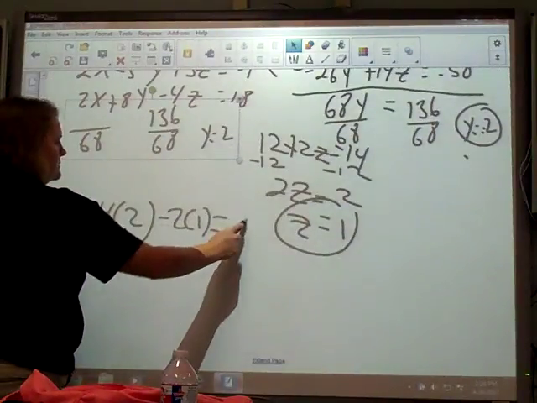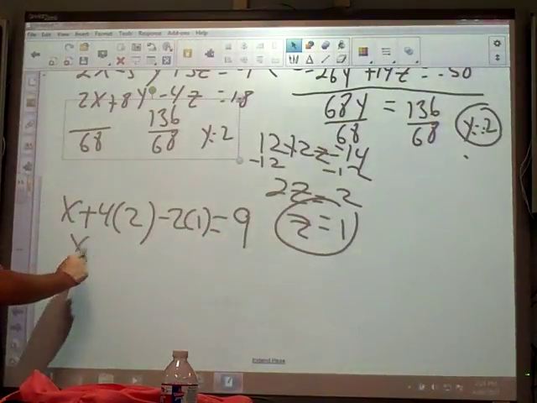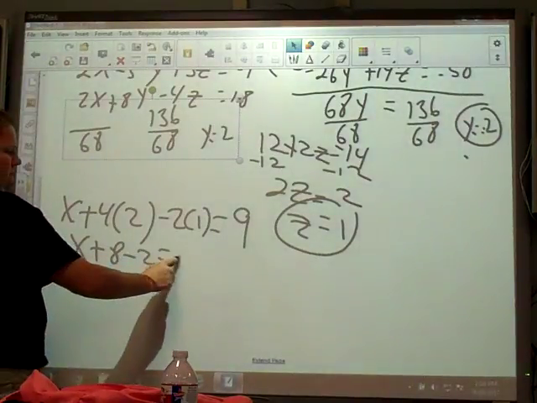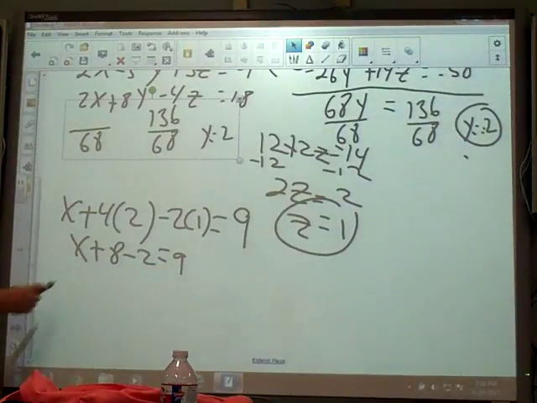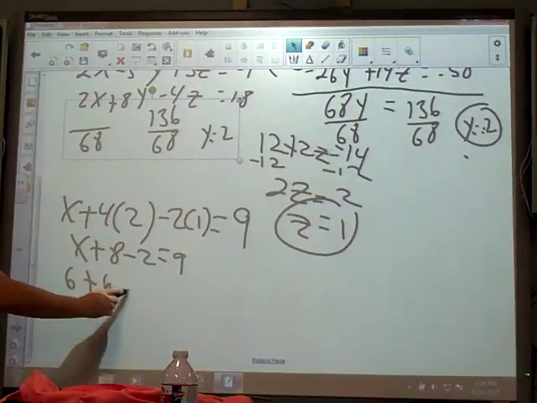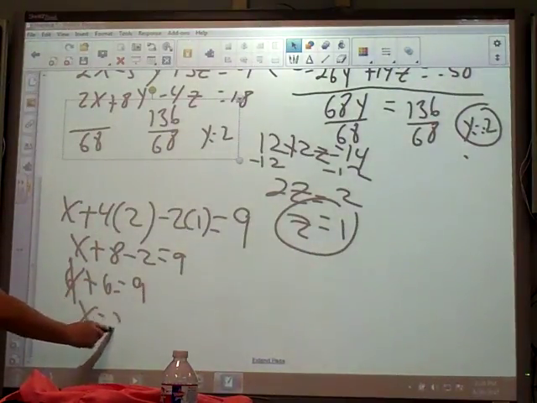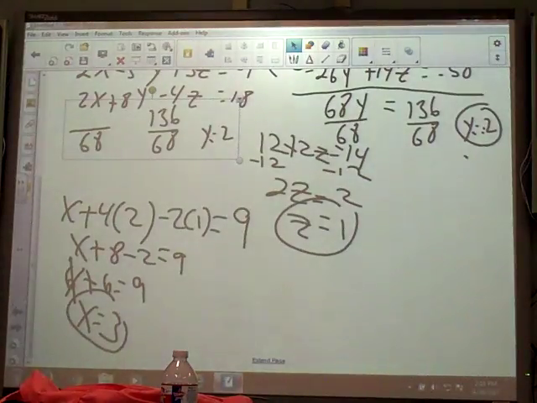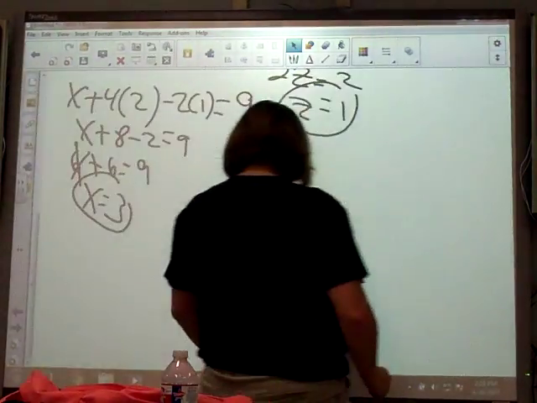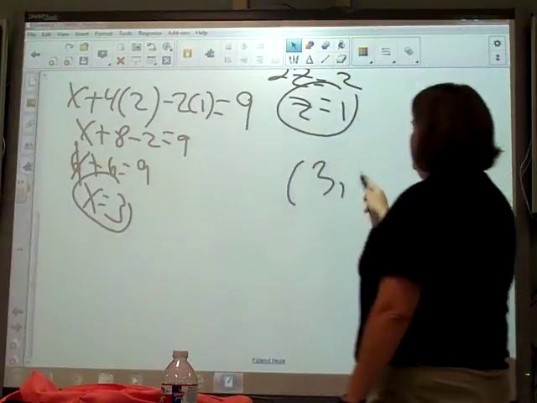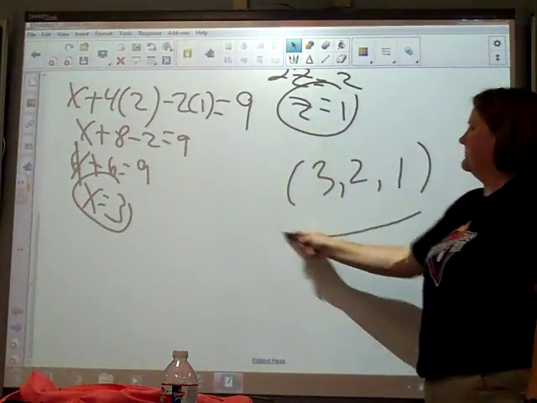Yeah. Equals 9. So that's x plus 8 minus 2 equals 9. 8 minus 2 is 6. Subtract your 6 and x is 3. So your finale is 3, 2, 1.